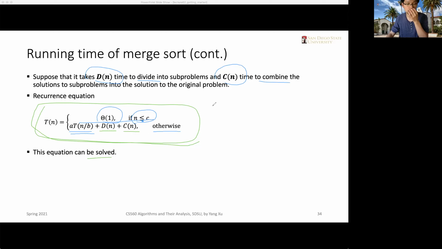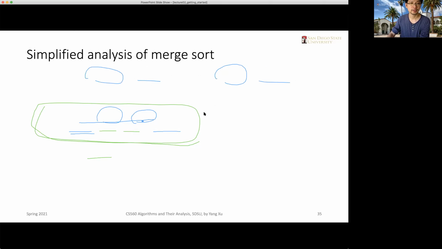We will have a complete chapter dedicated to solving recurrence equations. Today we're going to showcase how that can be done with some intuitive methods.